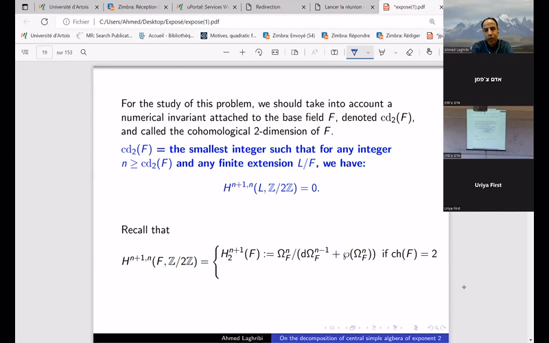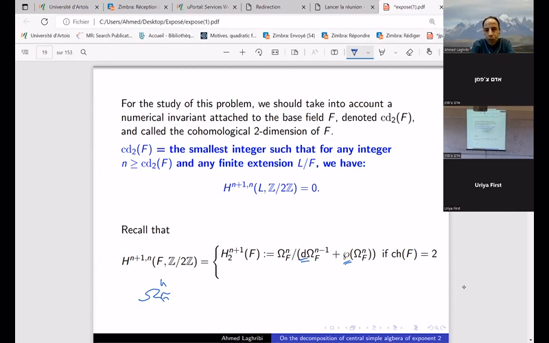And Ω^n_F is the space of n-differential forms, I mean the absolute differential forms. And D is the differential operator, and ℘ is the Artin-Schreier operator, which is an extension of the usual Artin-Schreier map that you know.